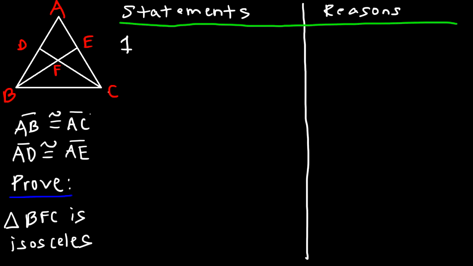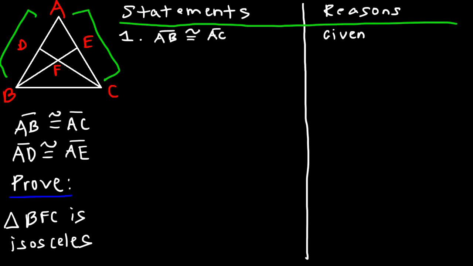So let's start with the first statement. I'm going to have to try to write small. So we know that AB is congruent to AC. And that's given. So what we know is that this is AB and this is AC. So just keep in mind that they're congruent.